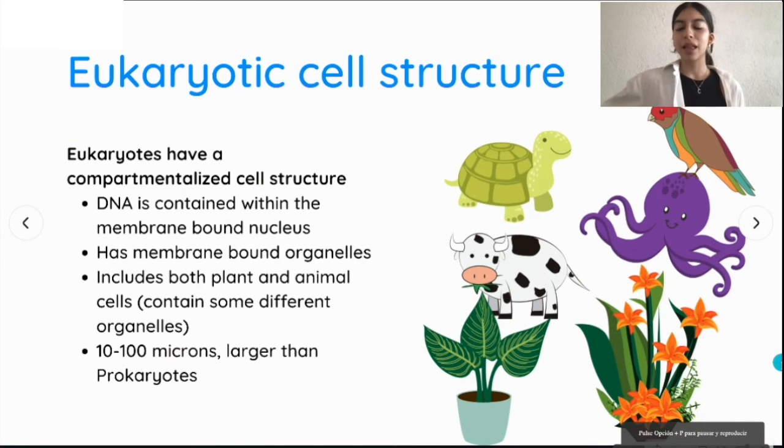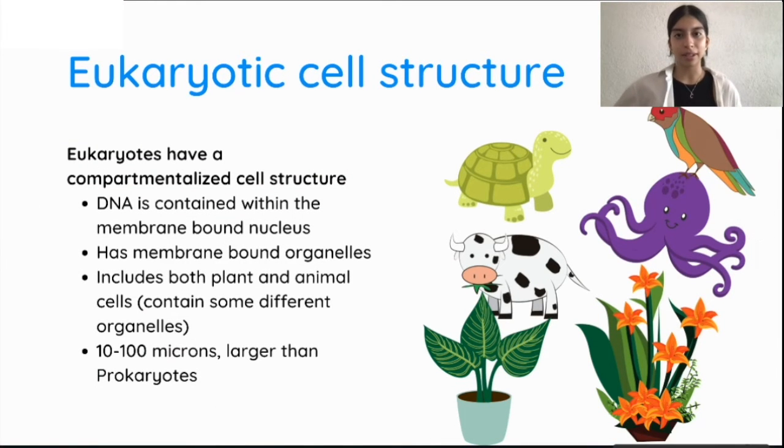So now, let's continue with the eukaryotic cell structure. Eukaryotic cells make up almost every living thing except archaea and bacteria. So from turtles to cows to the plants that cows eat, octopuses, birds, and beautiful flowers.